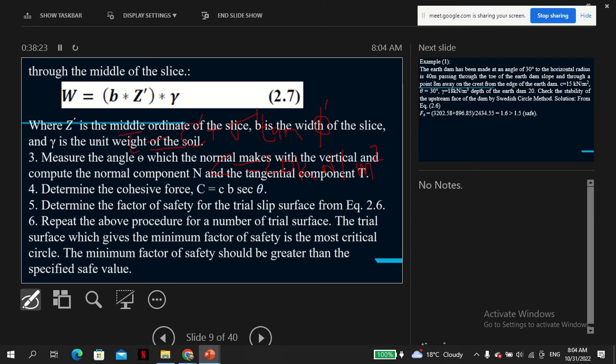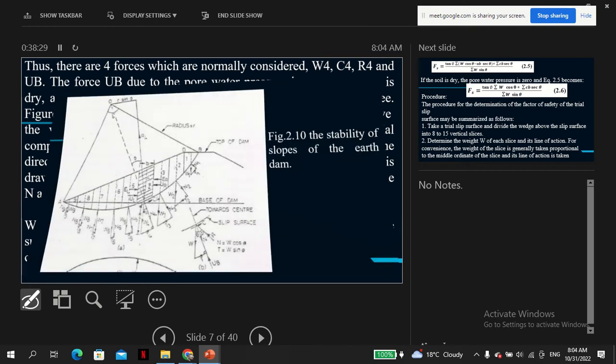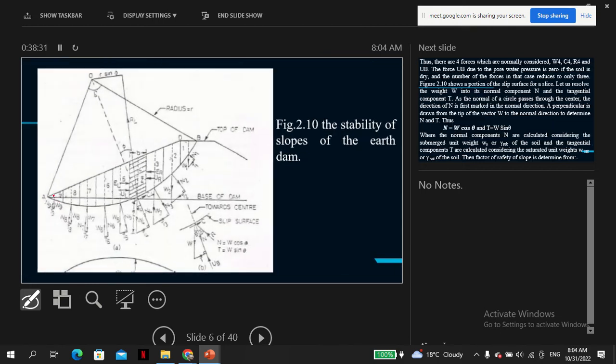Now when you have length here, this is a whole length. So unless you are told specifically, you take that the 20, for example, is for the whole length.